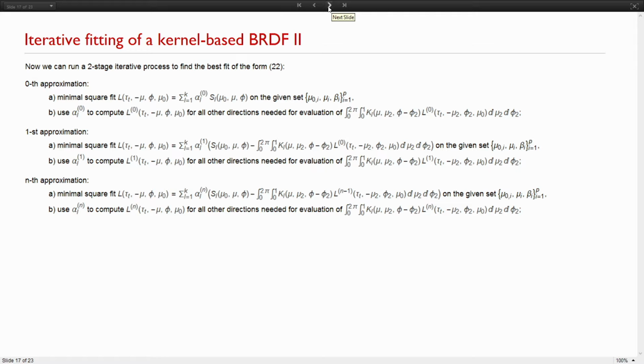And then we find coefficients alpha naught and use them to compute approximate reflected radiance at all directions necessary to evaluate the integral that defines model functions of the next step. At the next step, we fit model functions, different from the first step, and find coefficients of the linear form for that step, then use them again to compute the next approximation of reflected radiance, and so on and so on.